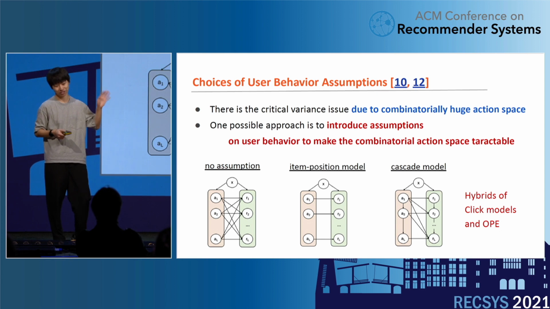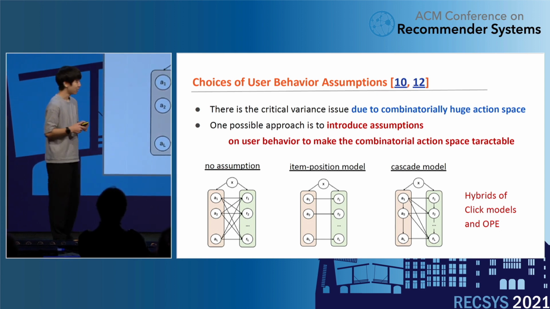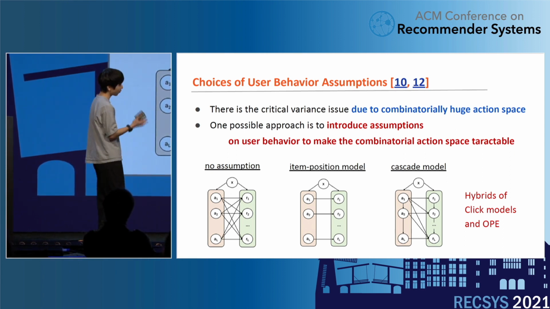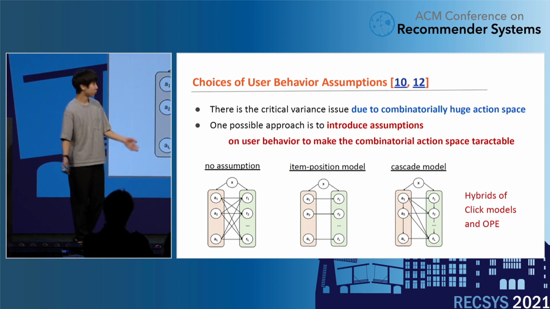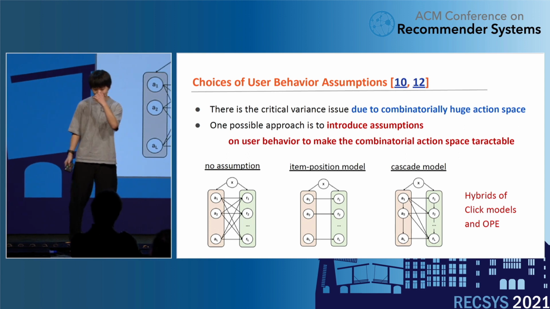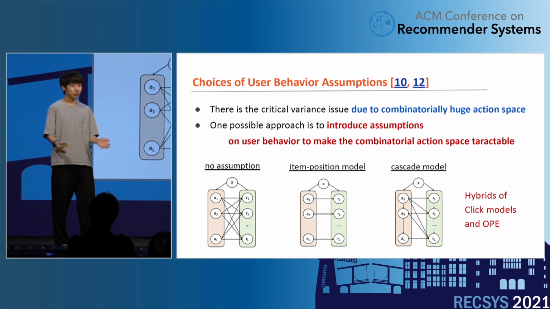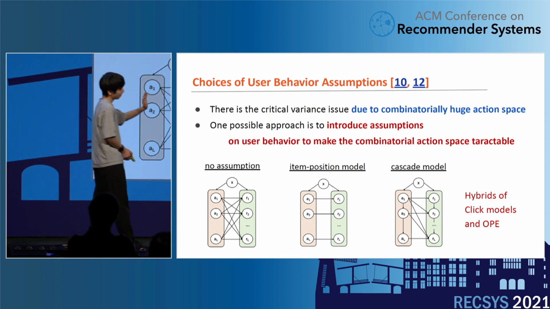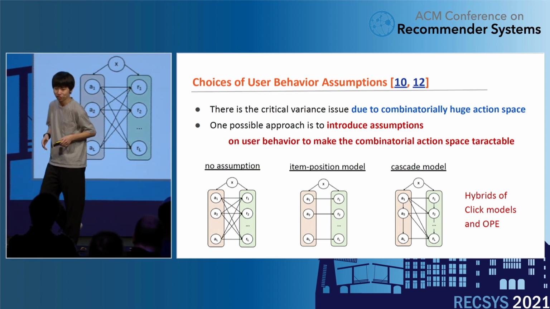So let me introduce some of the direction there in this tutorial, which is to introduce some assumptions on user behavior. I mean, how users behave in a list of recommendations. And then we should be able to make the combinatorial action space much more tractable, meaning that we can get some variance reduction. Okay? So some of you may be aware of the literature named click modeling in the information retrieval literature.